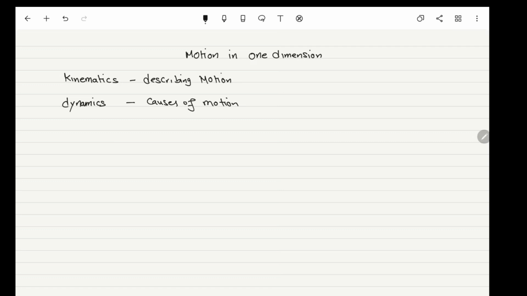In this lecture, we will discuss describing motion, kinematics, while later on we will discuss dynamics, or the causes of motion. If the object is moving in the horizontal direction, we use the x-axis, while if the object is moving in the vertical direction, we use the y-axis.